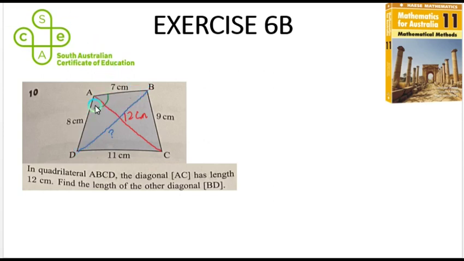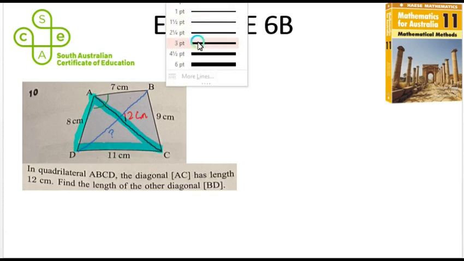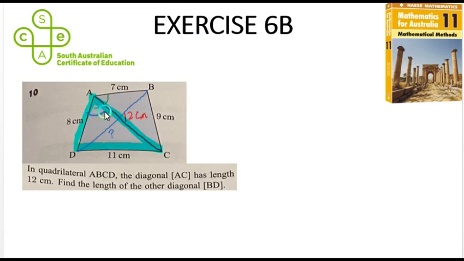So to find this green angle, we can use these two triangles. First triangle that I'm going to use is ADC, and we can find this angle from this triangle, right? This angle is DAC.